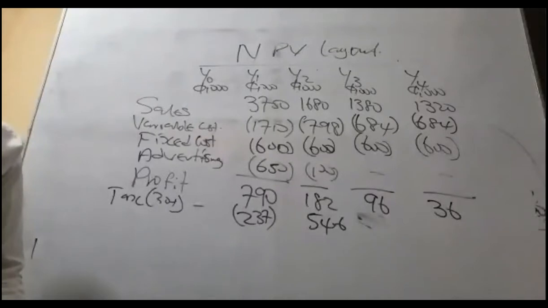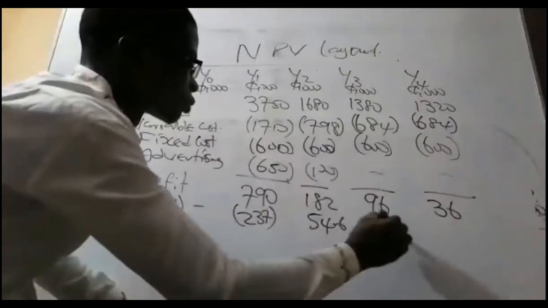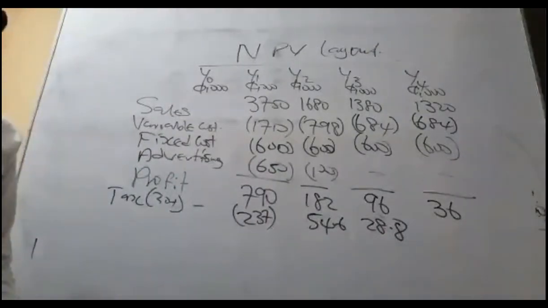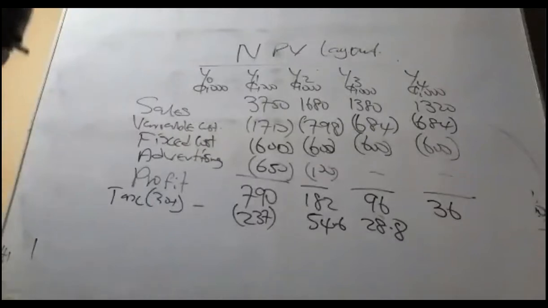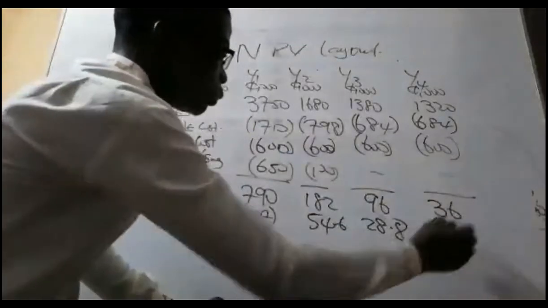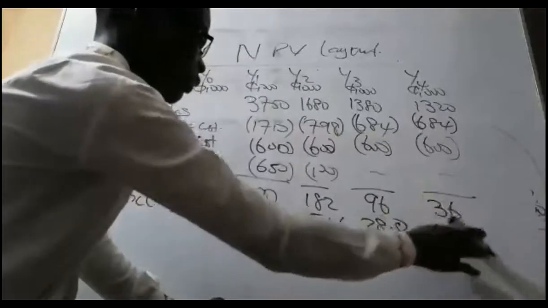So 28.8. Then you have 10.8. Good, 0.3 by 36. So that'll be 10.8. Good. So 10.8, you put it in. So it's a positive figure. We are gaining.